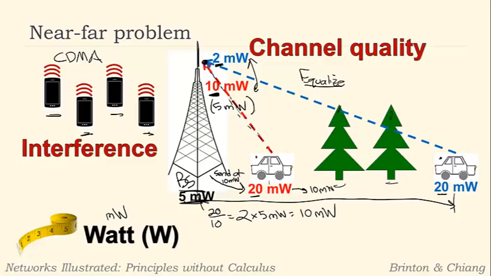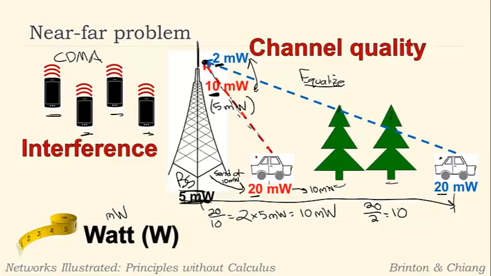Now, on the other hand, with this transmitter over here, it starts at 20 milliwatts, and by the time it gets there, it's down to 2 milliwatts. So 20 divided by 2 is 10. So it's a factor of 10 reduction by the time it gets over there. And as we can see, the received power in this case is less than the desired received power.